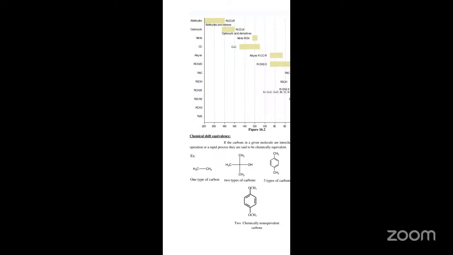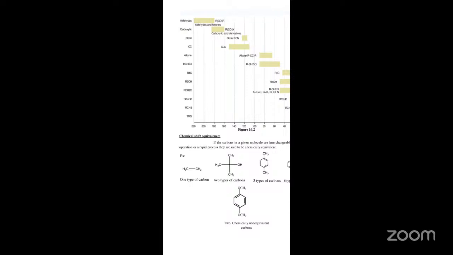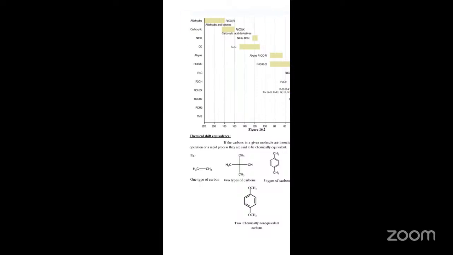So in ethane, we have only one equivalent set of carbons here, because both CH3 carbons are the same. So we get one set of carbons here, one type of carbon.